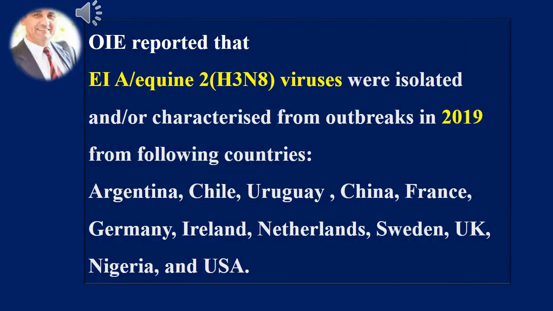The latest OIE report is that equine influenza virus strain H3N8 was isolated and characterized from outbreaks in 2019 in the following countries: Argentina, Chile, and Uruguay in South America; China in Asia; France, Germany, Ireland, the Netherlands, Sweden, and the UK in Europe; Nigeria in Africa; as well as the United States of America.